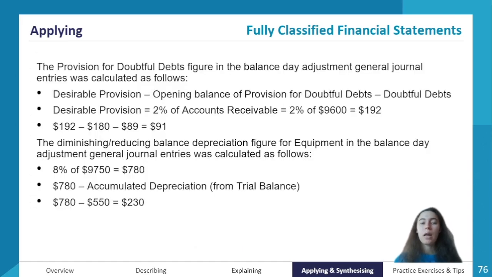So this is a bit of an explanation of those different figures that we calculated. So the desirable provision, we calculate 2% of accounts receivable, 192, and you end up with 91. 8% of 9,750 for your accumulated depreciation.